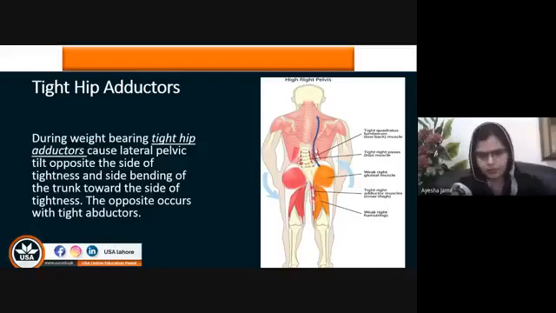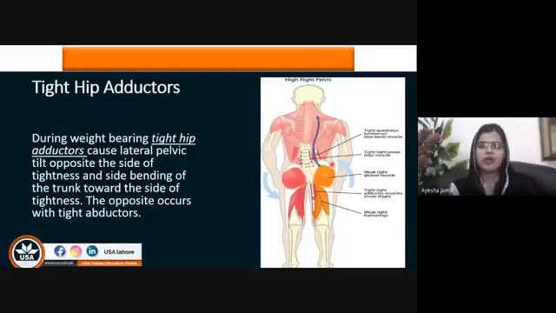Anyhow, whenever the adductors are tight, it will cause dropping of the pelvis on the contralateral side and elevation of the pelvis on the same side. In order to assume balance, the trunk will shift towards the side where the adductors are shortened. It means that convexity of the spine is seen on the side that is dropped, and concavity is seen on the side where the pelvis is elevated.